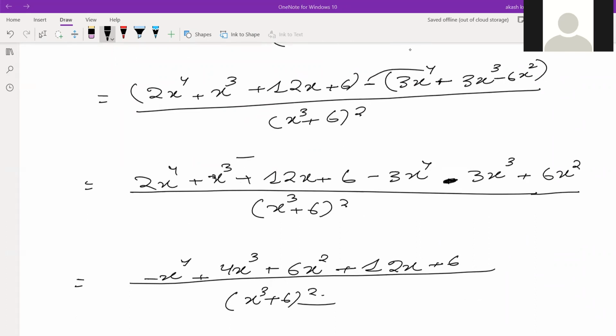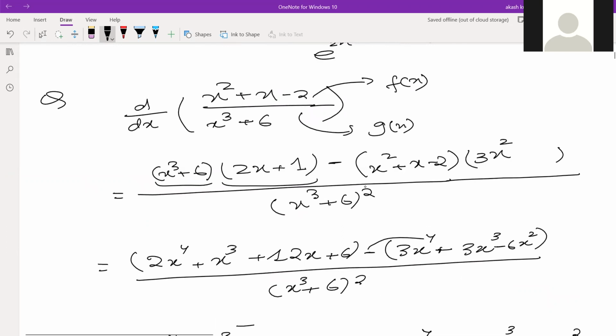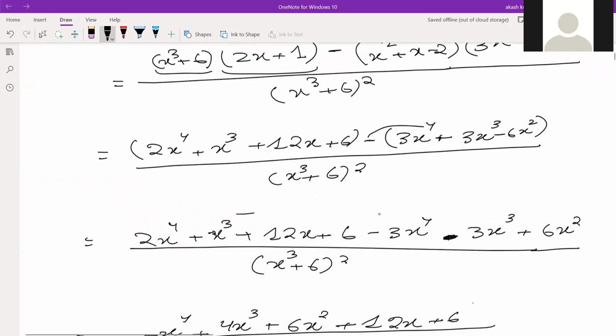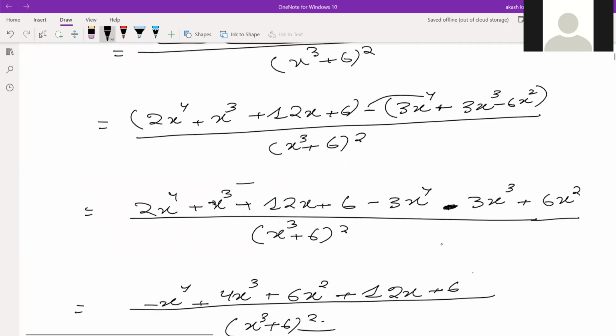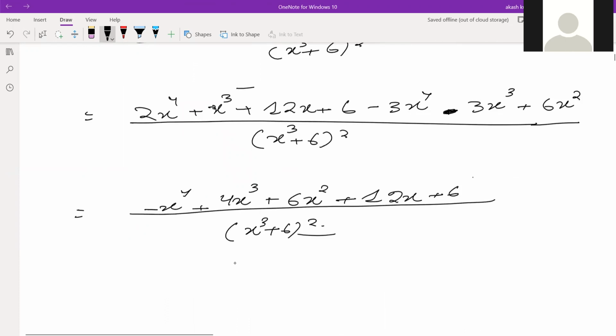Which part, I mean? We multiplied the minus sign with the whole expression, then it should be a minus sign. I wrote a plus sign here by mistake. So when we subtract minus 3x cube with plus 3x cube, it should be minus 2x cube. Is it clear? Yes. The rest of the parts were correct. So let's go back to the book.